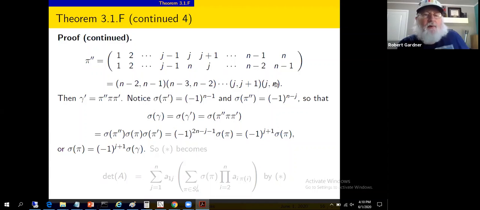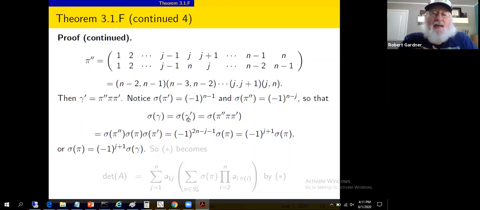So if we want to find the sigma values of these relevant permutations: sigma of pi prime, okay, last slide we counted those. There were n minus 1 transpositions, so sigma of pi prime is -1 to the n minus 1. Here there are n minus j transpositions, so sigma of pi double prime is -1 to the n minus j. If we want to find sigma of gamma or sigma of gamma prime, a couple slides ago we said these two quantities were equal.